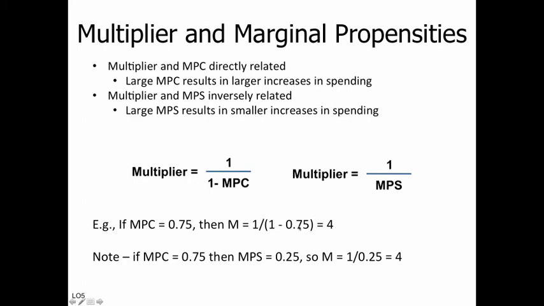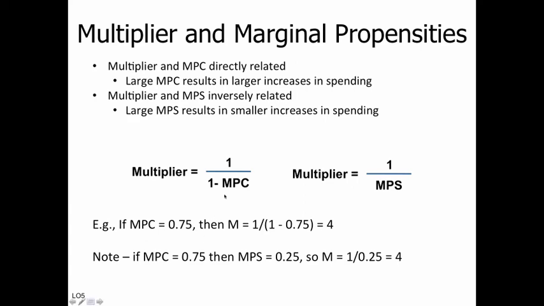And again, 1 minus 0.75 here is 0.25. That is the MPS. So again, just 1 divided by the MPS of 0.25 will also give you 4. So if you know the MPC, by definition, you'll know the MPS. So either way, if you know one or the other, you can always calculate the size of the multiplier.